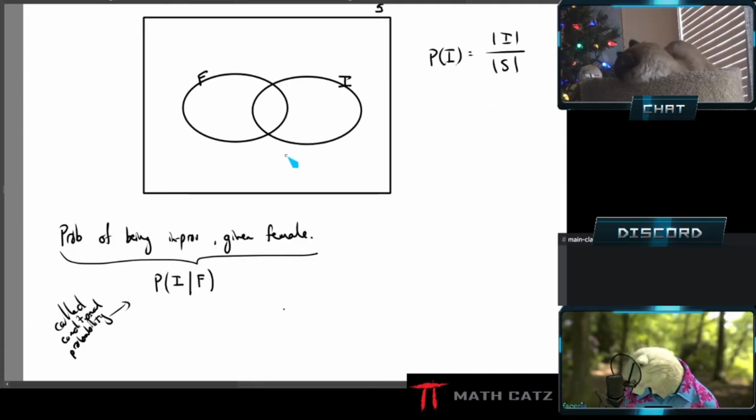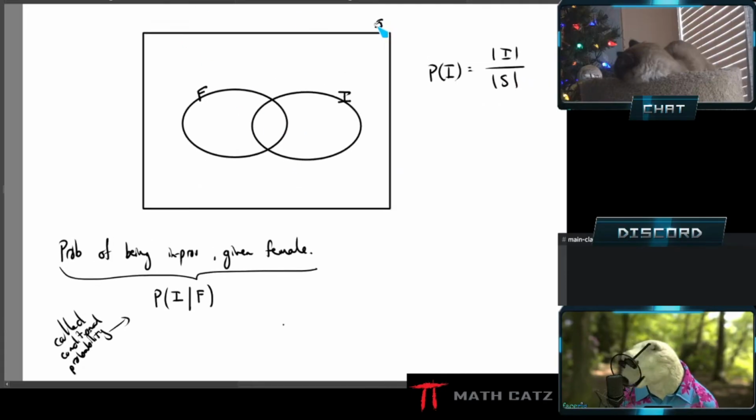Up here is the sample space, the universal set, everything. But now that's not the case. Now they tell me extra information that I can exploit. It's a fact. It's not up for debate. The person selected was female.